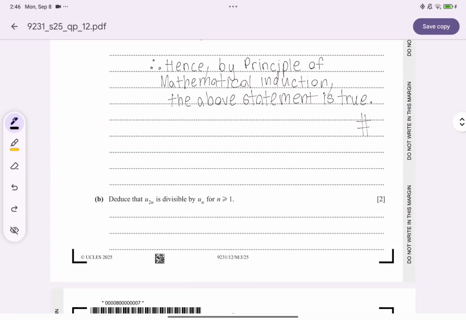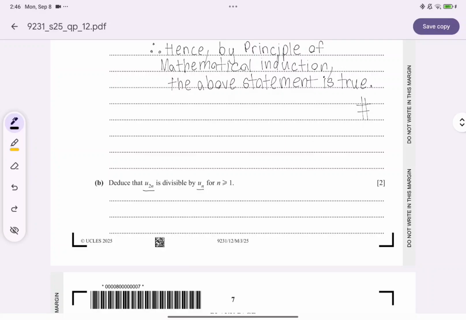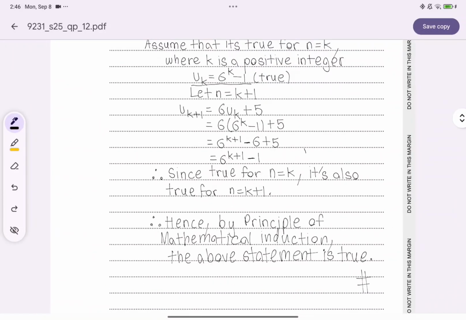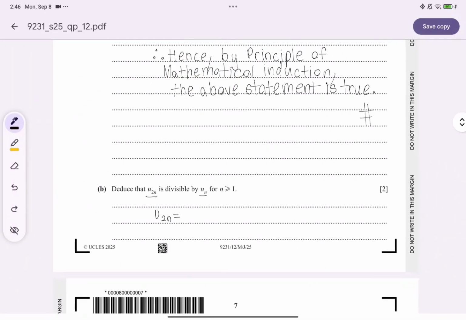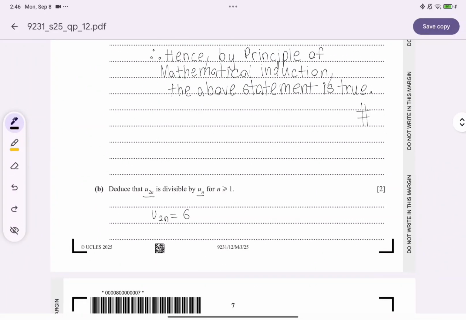So here we're just going to have to deduce that this is divisible by u_n for n greater than or equal to 1. Okay, so for this, we're going to have to use our result from the previous part. So just substitute n equals 2n. So u_2n is just 6 to the power of 2n minus 1. And now we can rewrite 6 to the power of 2n by swapping the powers.